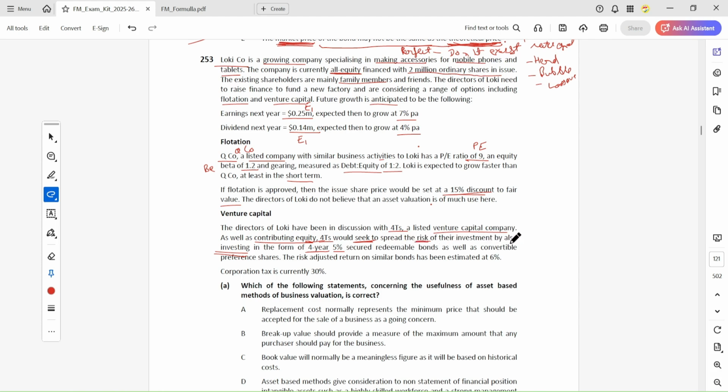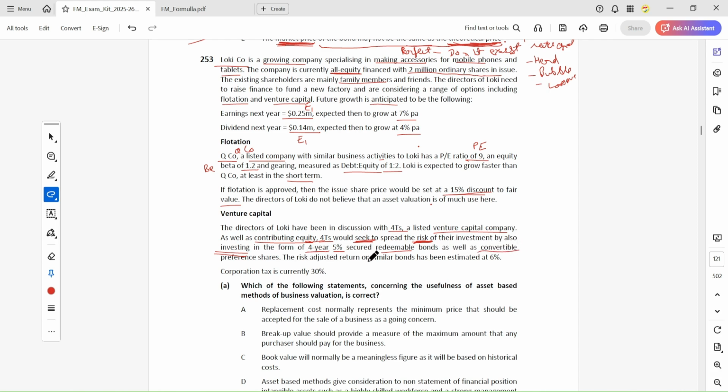So this company would just spread the risk by investing in secured redeemable bonds as well as convertibles.